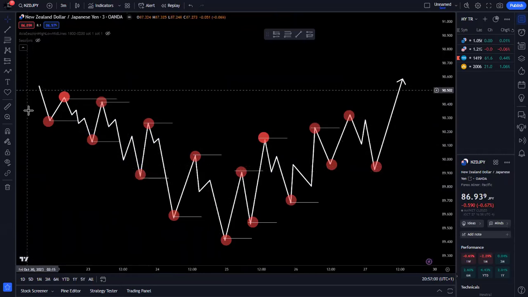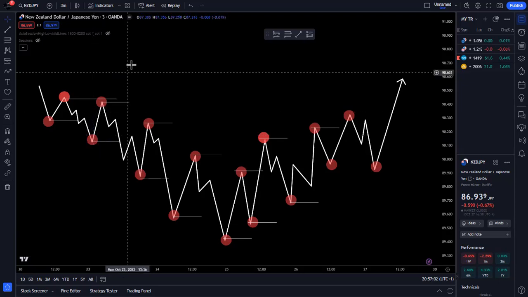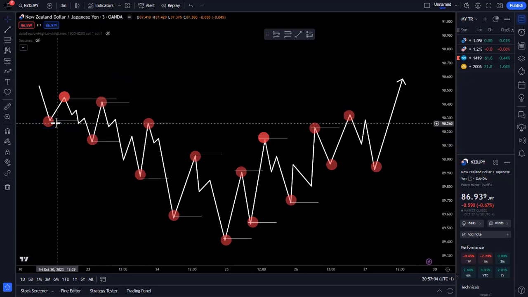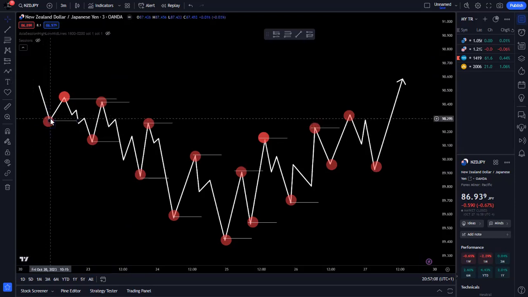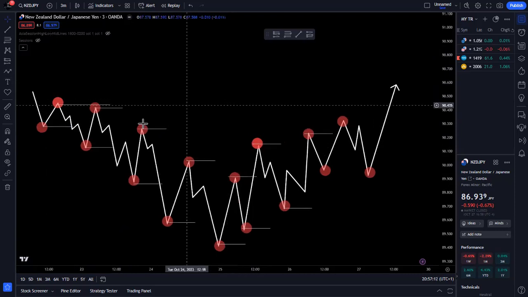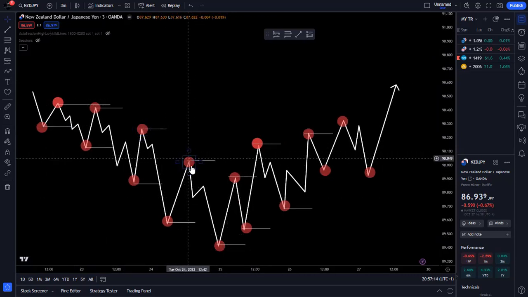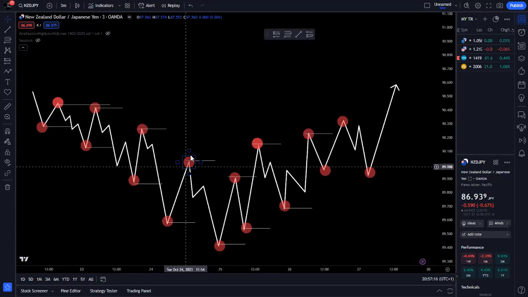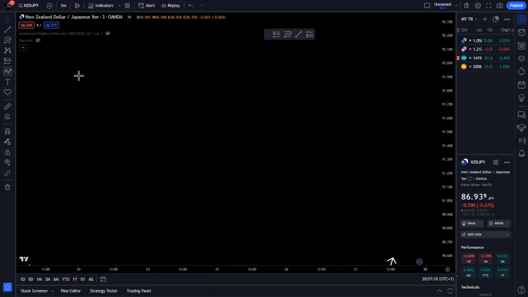Now, on a downtrend structure of this nature, this is a swing low. What we have lying below the swing low is what we call sell side liquidity. And what we have lying above the swing highs is buy side liquidity.